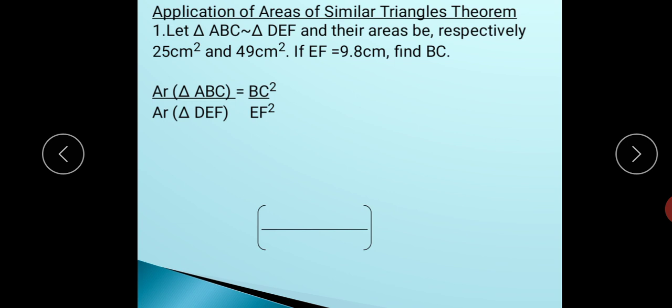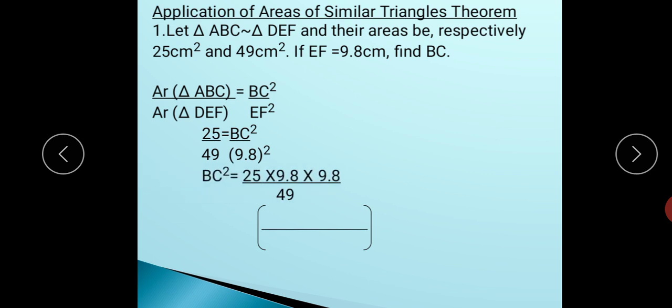So you are asked to find BC. So BC is corresponding to EF, which is given. So let's substitute here. 25 upon 49 is equal to BC square upon 9.8 square. Rearrange the terms.